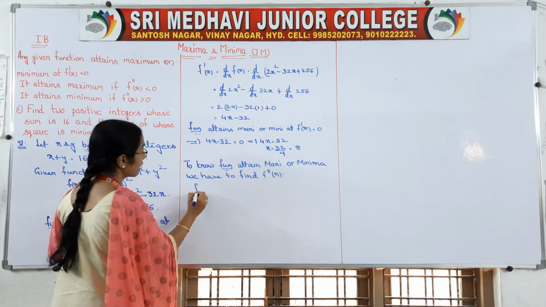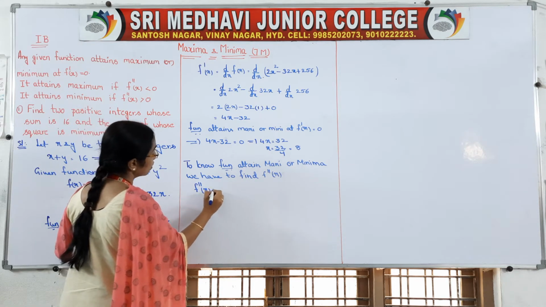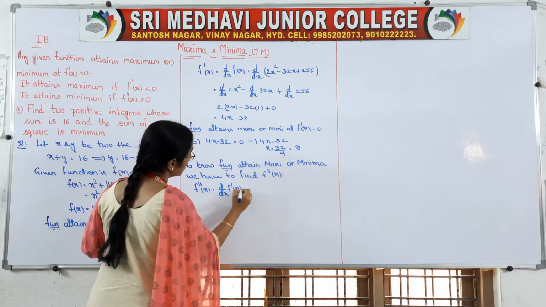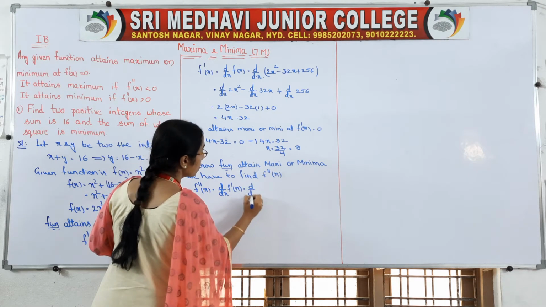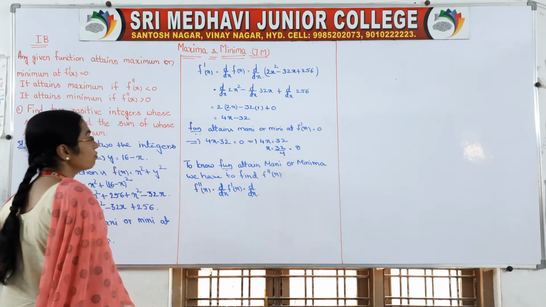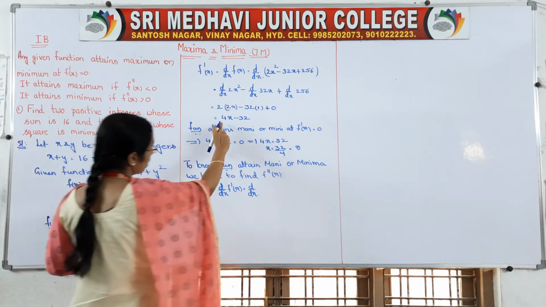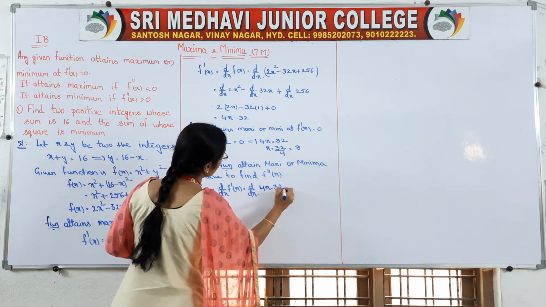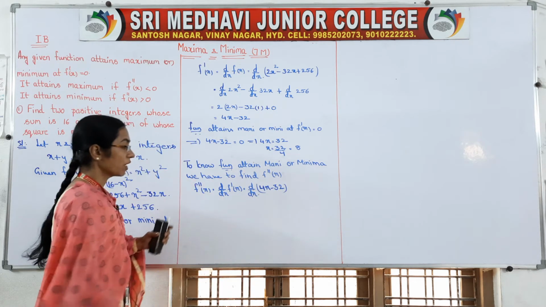So f double dash x is equal to d by dx of f dash x. What is your f dash x? This is 4x minus 32, right?